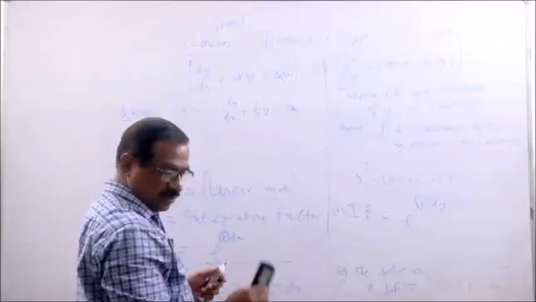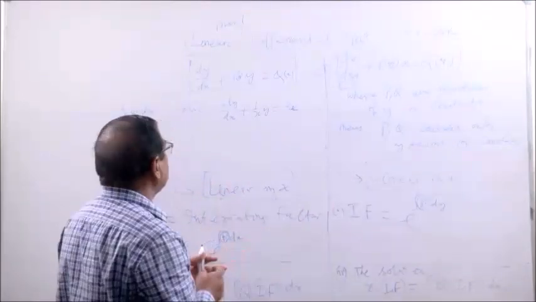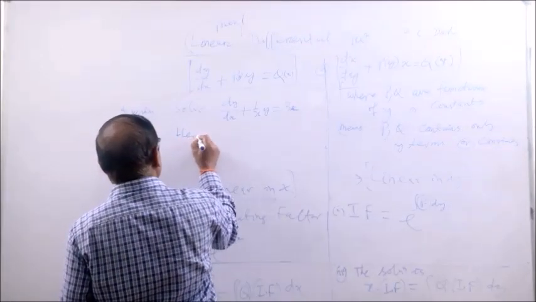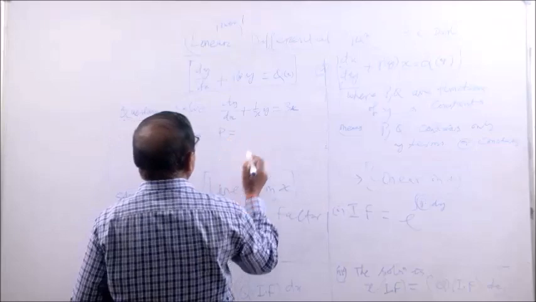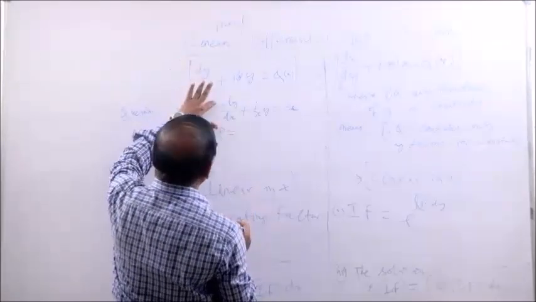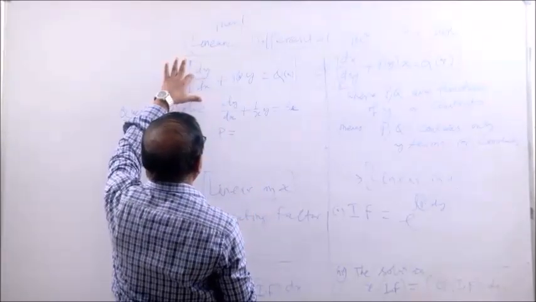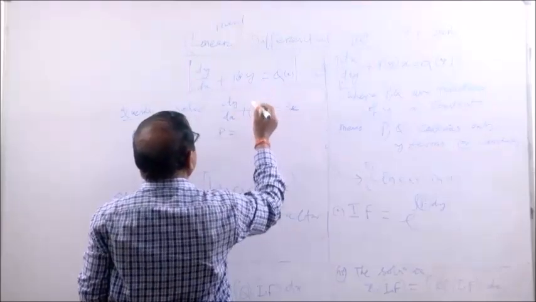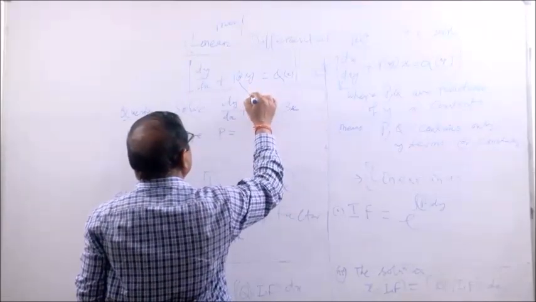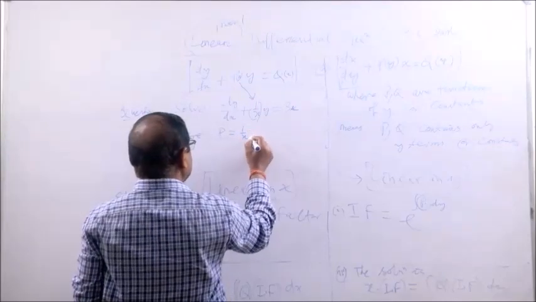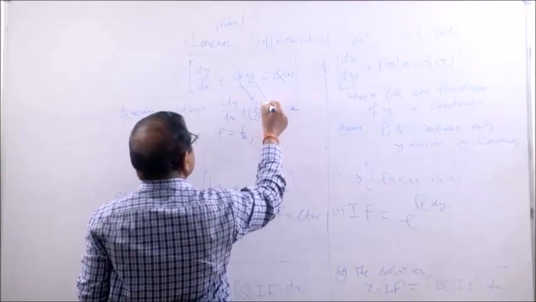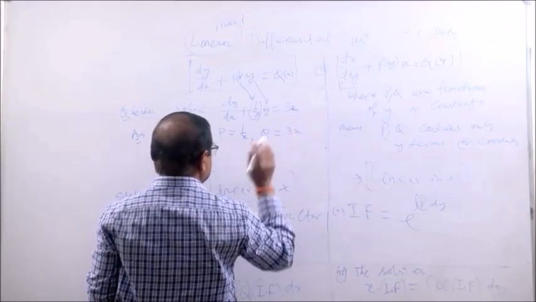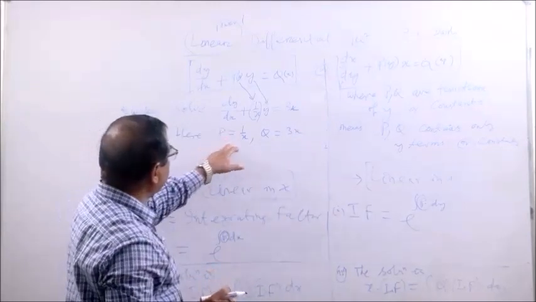The first thing you have to find is the value of P and Q in the question. Compare this question with the given equation. dy by dx is here, and P into y means the term containing x. So P is 1 by x, right? y is y here, and what is Q? Q is 3x. Now we found P and Q.